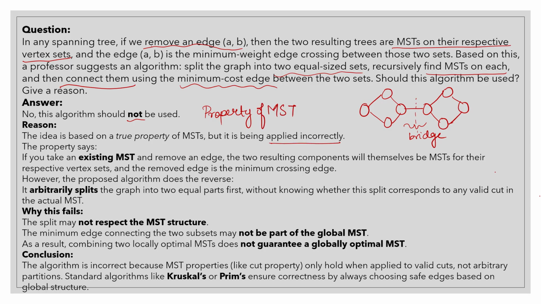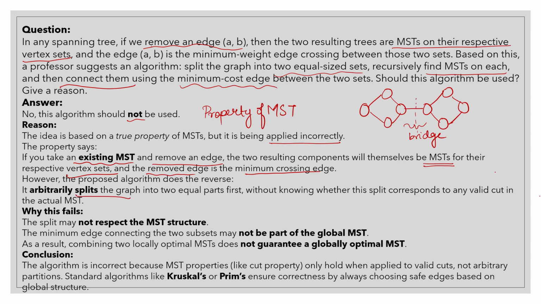applied incorrectly. The property says if we have an existing MST and we remove an edge, the two resulting components will themselves be MSTs for their respective vertices, and the removed edge will be the minimum crossing edge. However, this algorithm says the reverse.